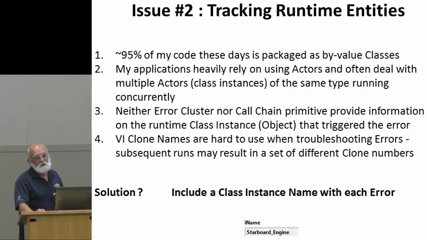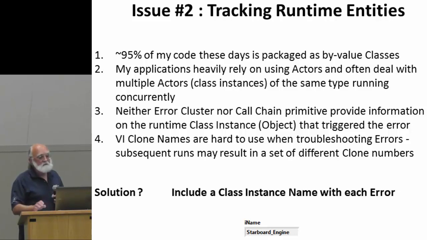You don't know. I have a monitoring system for a motor yacht with four diesel engines. Which of them has something bad happening? No clue. There are clone names, which are numbers behind the class name or VI name, but they are hard to use because the numbers may change from run to run. So you cannot rely on those.